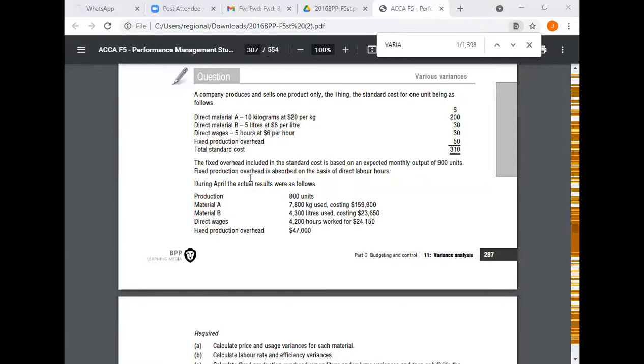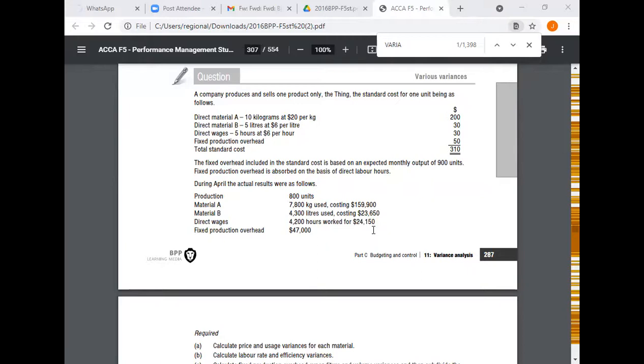Actual results. So then my direct wages, you'll be able to see 4,200 hours worked for 24,150. 24,150 is the total cost. I would want to make this an hourly rate, so it will be 24,150 divided by 4,200, times the actual hours paid.